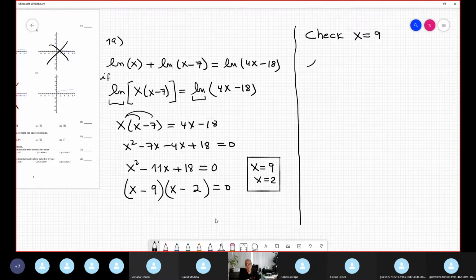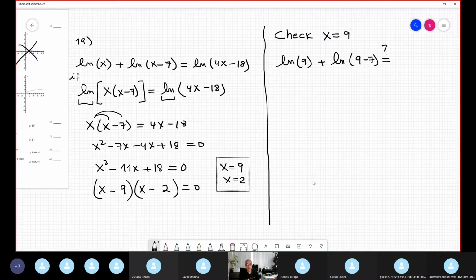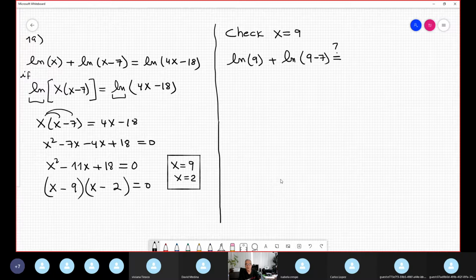Okay, natural logarithm of 9 plus natural logarithm of 9 minus 7 should be equal, I claim, to natural logarithm of 4 times 9 minus 18. Natural logarithm of 9 stayed the same, plus natural logarithm of 2, no?